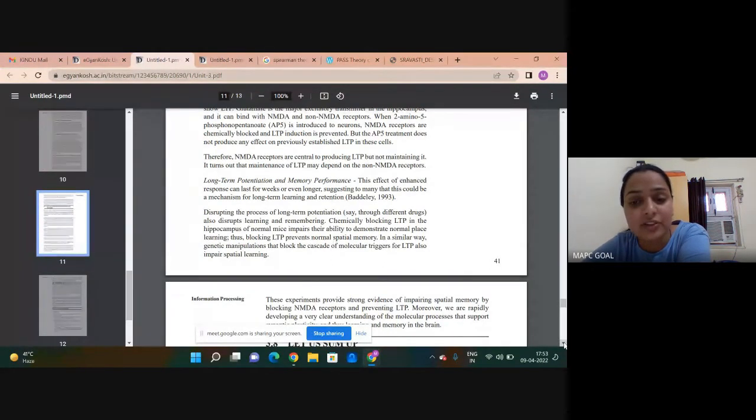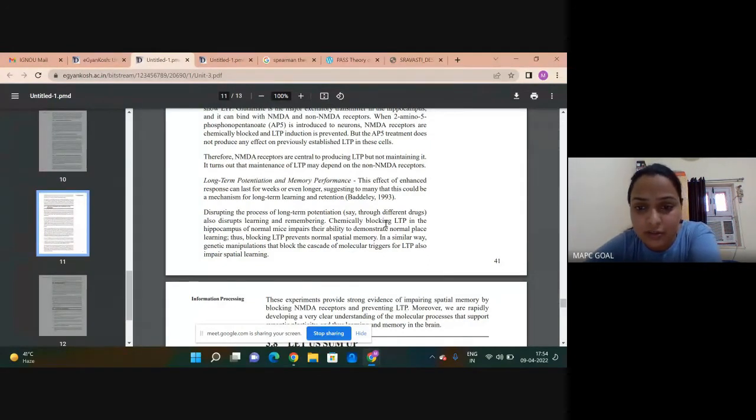All these domains of the brain are responsible for storing information. If one or the other gets affected, there are various other factors. We won't get into Alzheimer's, but research has been done to understand long-term potentiation and memory performance.